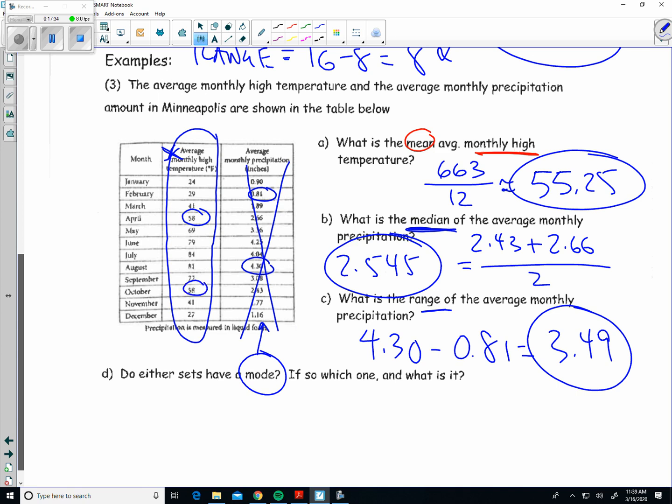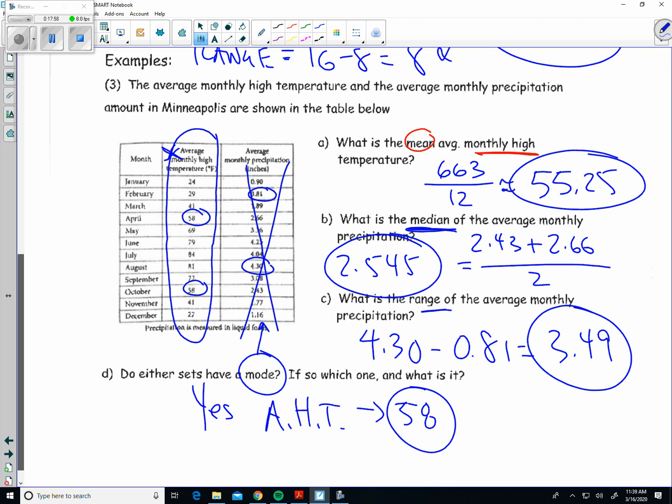October, also high temperature of 58. We definitely have a mode. Do either sets have a mode? Yes. Which one? Average high temperature does, and that would be 58 degrees, which occurred twice, once in April and once in October.